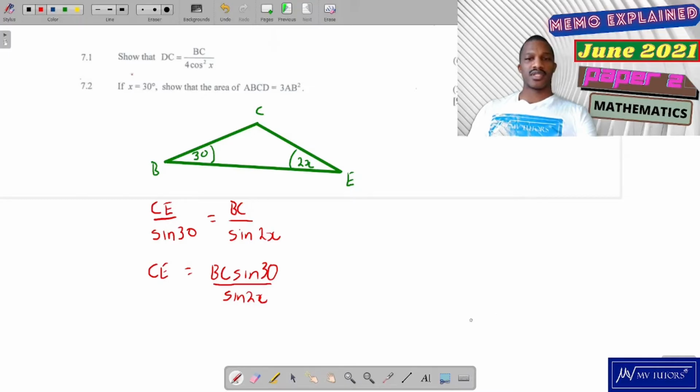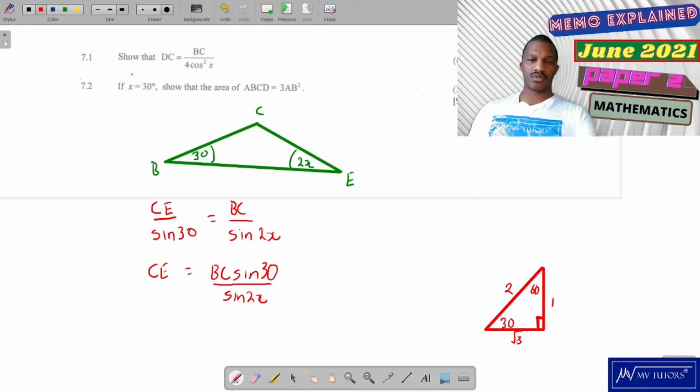Now sine 30 is a special triangle. If you remember your special triangles, it's always a right angled triangle. Your special triangle has 30 there, 60 there, adjacent of 30 is square root of 3, and then here we have a 1 and the hypotenuse is 2.